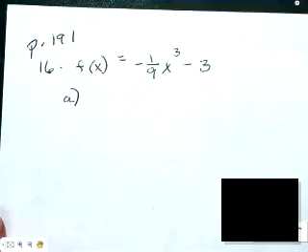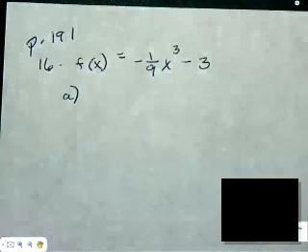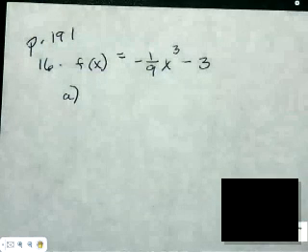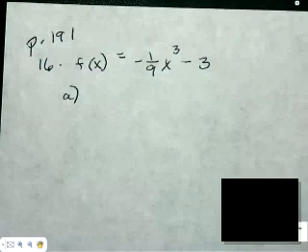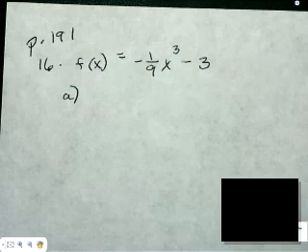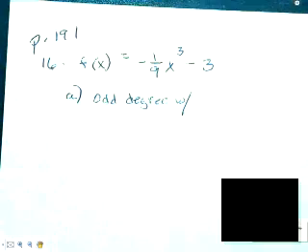A part, determine the end behavior of that function. Now, if you don't need to write down any words, that's fine. I'm writing words for the folks who need them when they look back at this before they start their homework tonight. This is even or odd degree. Odd degree with positive or negative coefficient.